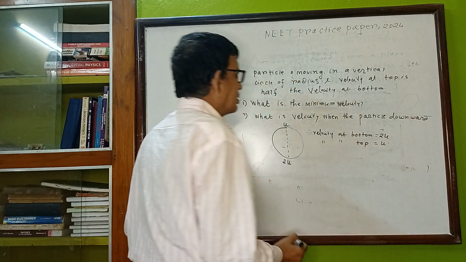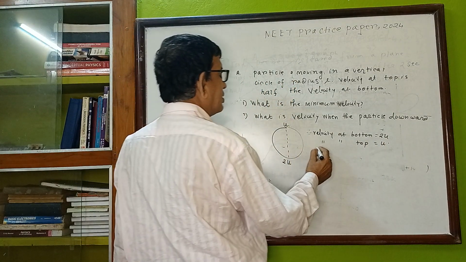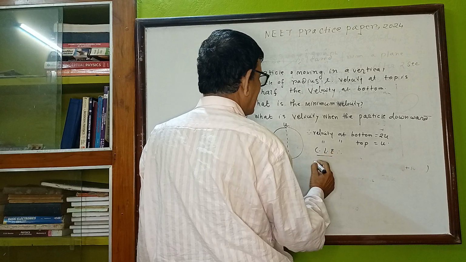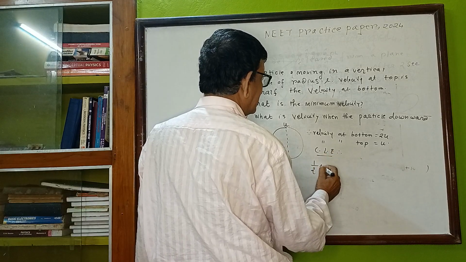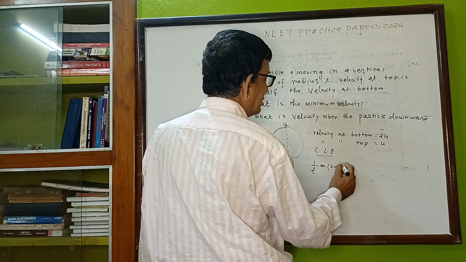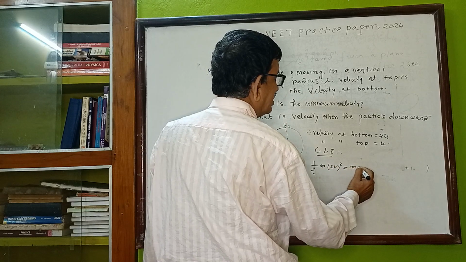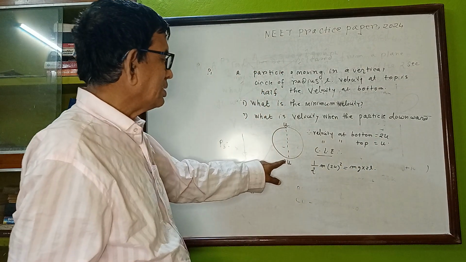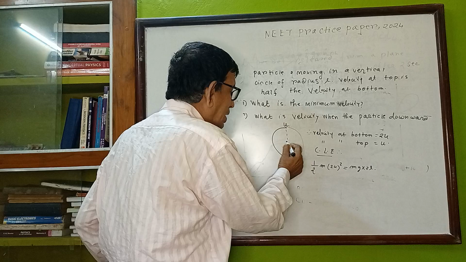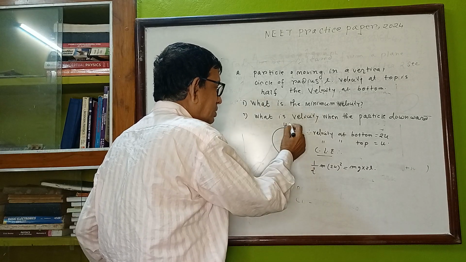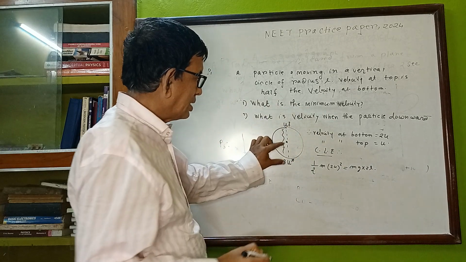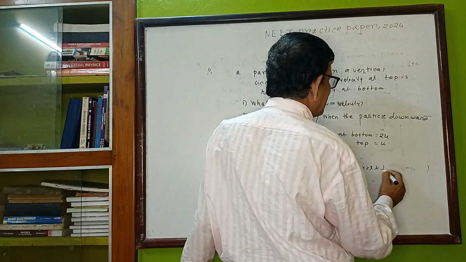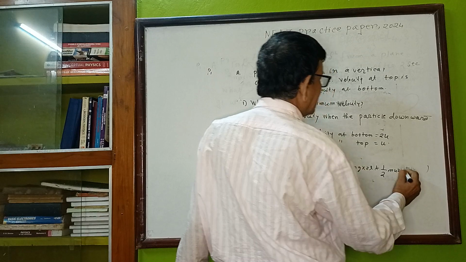Using the conservation law of energy, we have half m (2u) square equal to mg into 2L. Why mg into 2L? Because when the particle goes from A to B, the potential energy increases by mg into 2L, plus the kinetic energy m into u square.